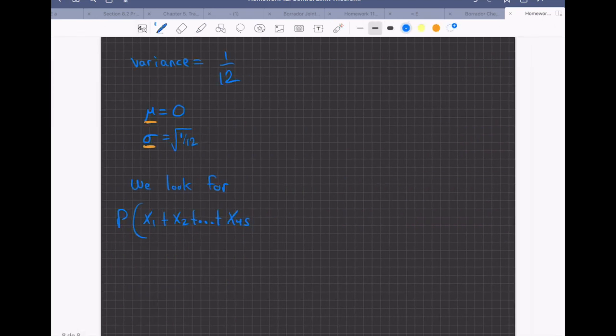So it has to be more than 5. But we can do this in two ways. I mean, maybe we can have a negative difference. So we're looking for this plus the probability that the sum is less than -5.